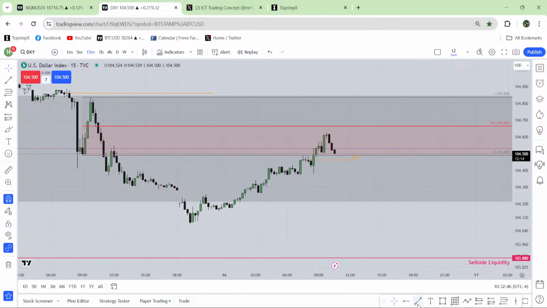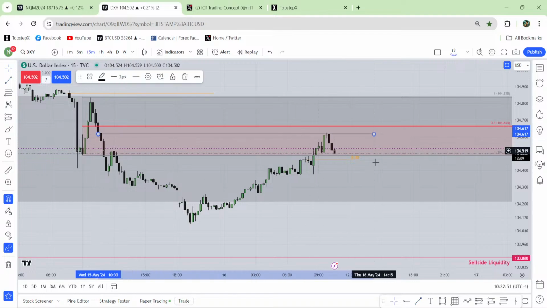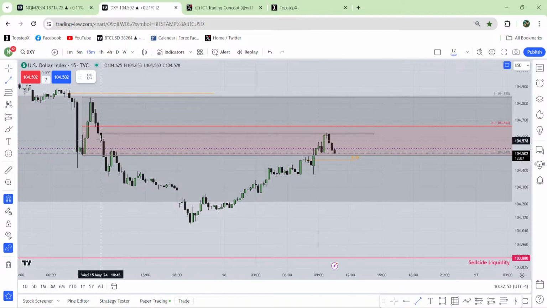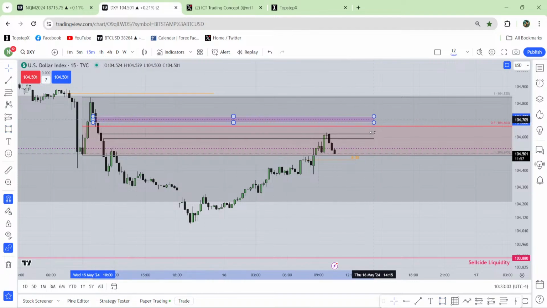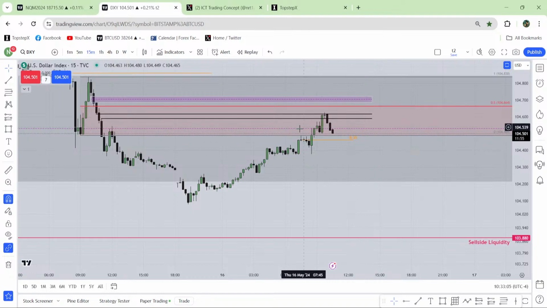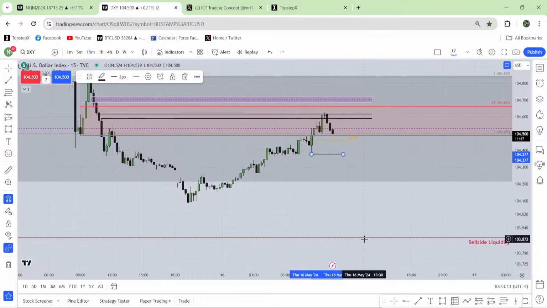So the market has stayed in the entry fair value gap. Now it should fall at least below this low. That will be the market structure shift toward that sell side liquidity for the dollar index from the 15-minute chart.